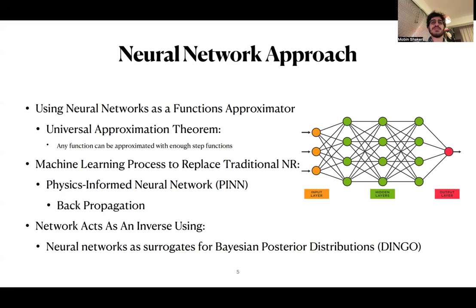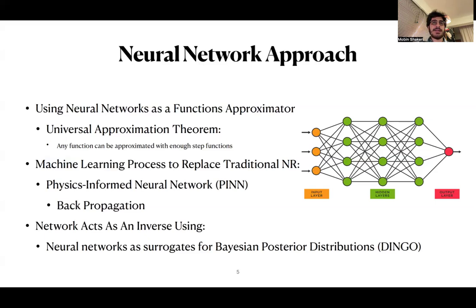And if we see neural networks as an interconnected, linearly transformed, step-like activation function, we can see that they can be used as an approximation of the function itself in the forward problem.